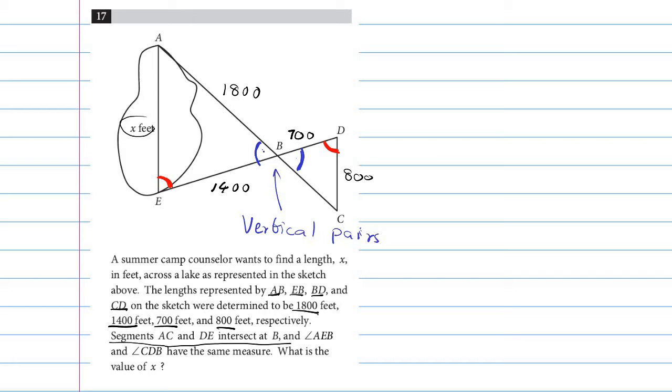So what about the third angle? I won't explain too deeply, but this is something you can understand. The interior angles of a triangle add up to 180.